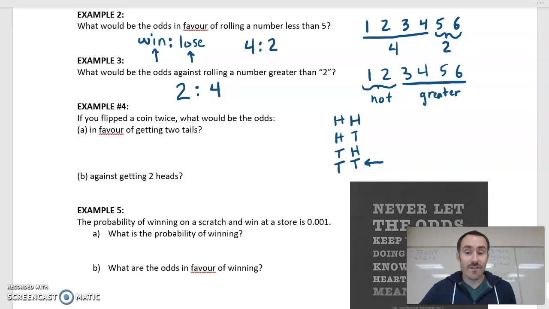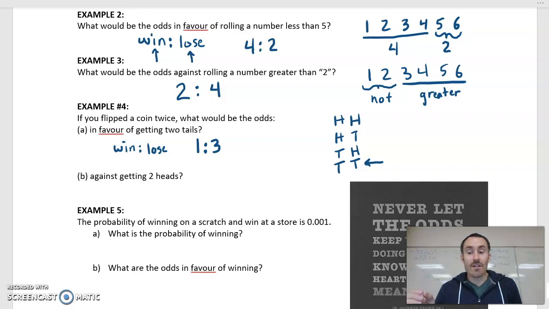And so the odds in favor would be win versus lose, or desired versus undesired. We win if we get 2 tails. There's only one way of doing that, and there are 3 ways that we don't do that. Okay, so the odds in favor of getting 2 tails would be 1 to 3.